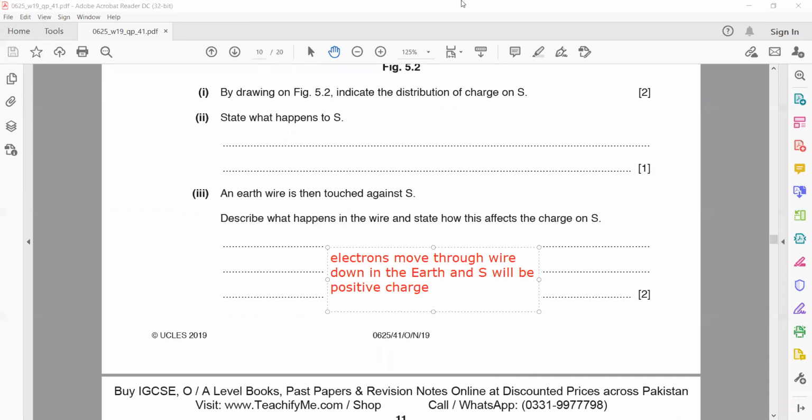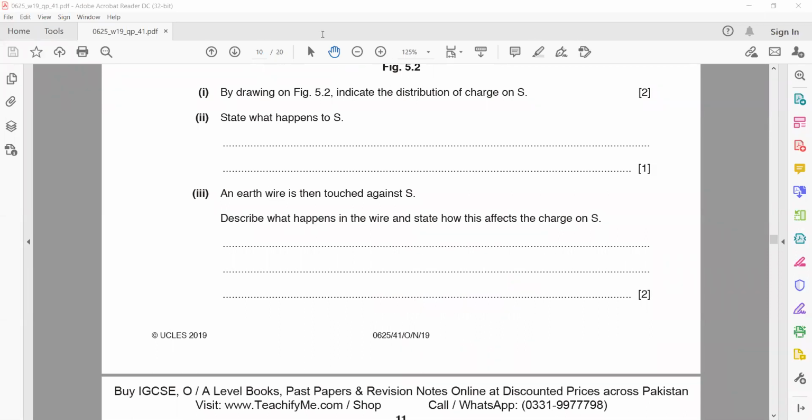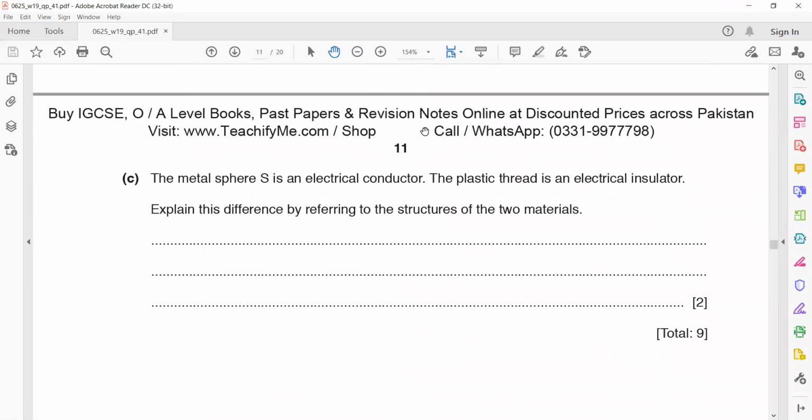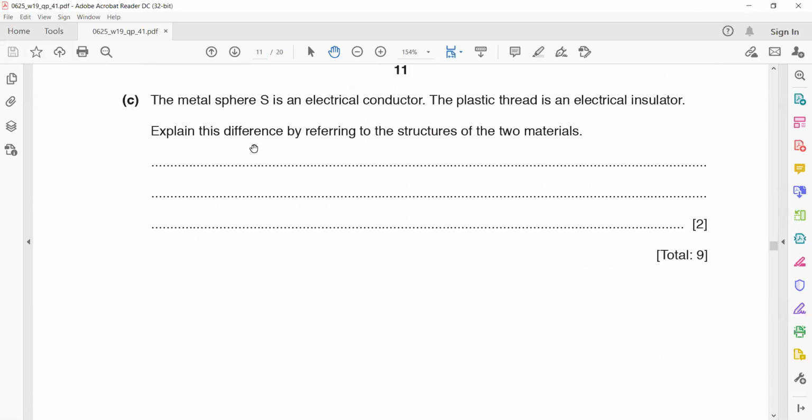The metal sphere S is an electrical conductor. The plastic thread is an insulator. What is the difference? Explain the difference by referring to the structure of the two materials. Like why the wire is a conductor, and why the thread is an insulator.